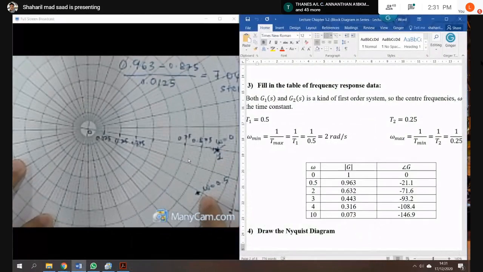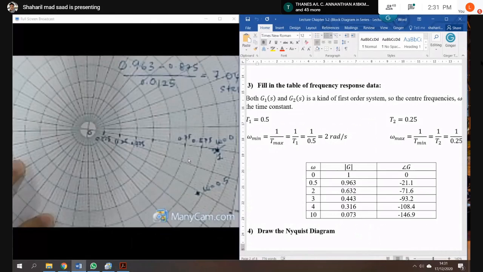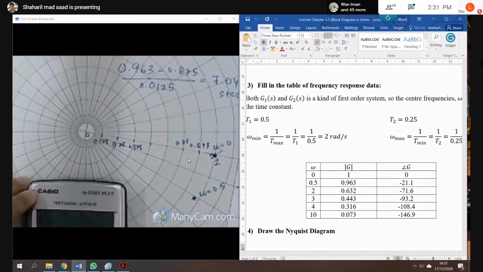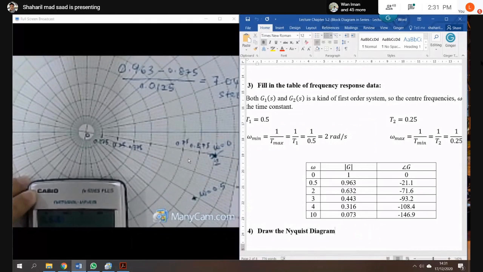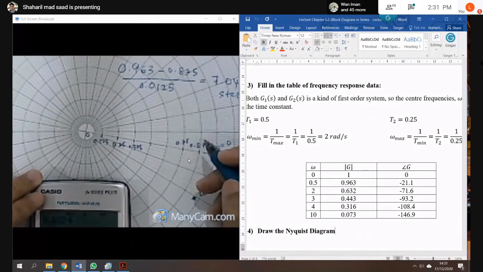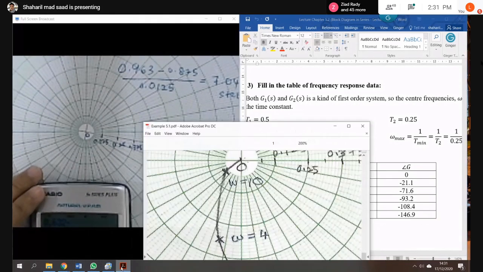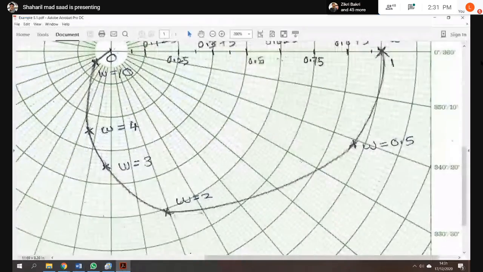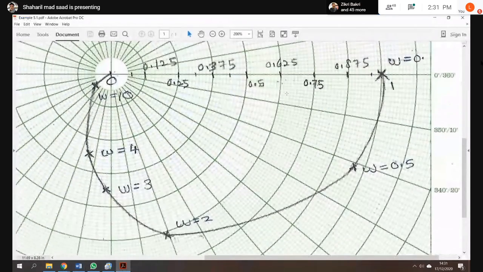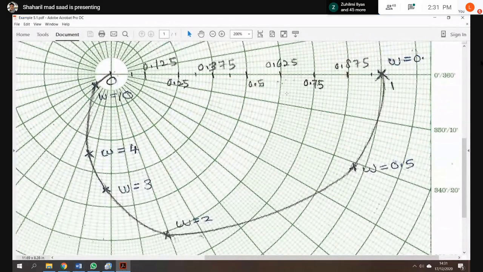Omega equal to 2. That means 0.632, in between 0.75, 0.625, and then 0.5 here.